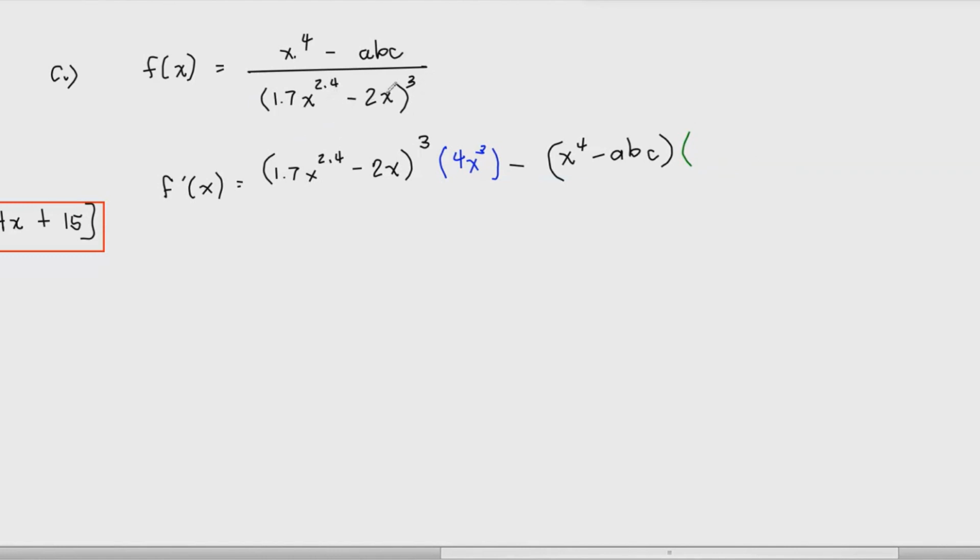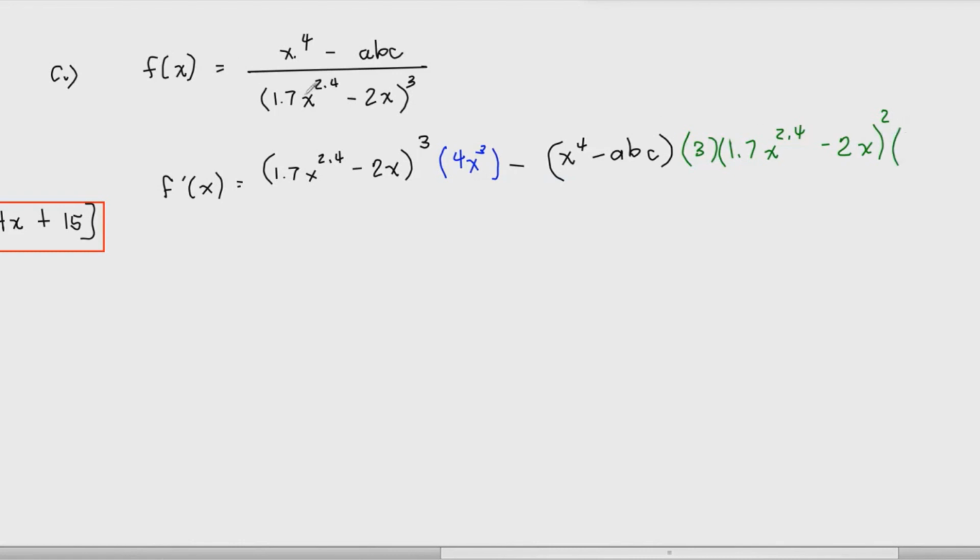Now the derivative of this denominator is simply the general power rule. So we'll be applying the general power rule and then take the derivative using the chain rule. So we'll be having 3 and then 1.7x raised to 2.4, then minus 2x, then raised to 2. And then we take the derivative of what's inside here.